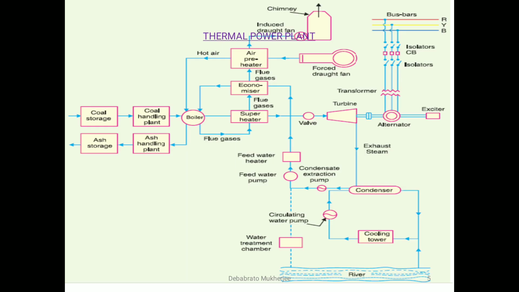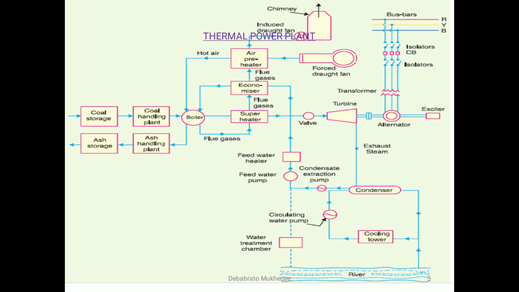Next, it is a broad classification or broad layout of a thermal power plant. In this, you can see on the left side of the screen there are two blocks: coal storage and coal handling, ash storage and ash handling.